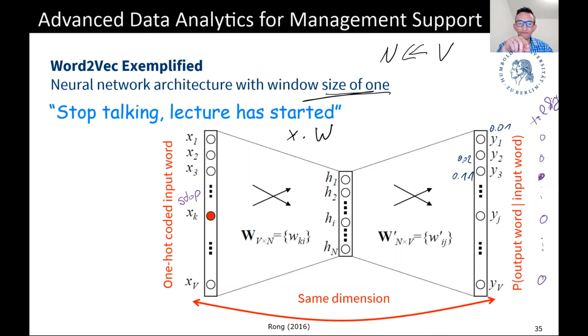We feed it a 1 hot vector, and this 1 hot vector, depending on which one we feed, always represents one word, and then we sort of extract with this matrix multiplication one column from our weight matrix W. And that essentially means that the output we get certainly is an n-dimensional vector, and that's the word embedding. So the matrix W is the embedding matrix.